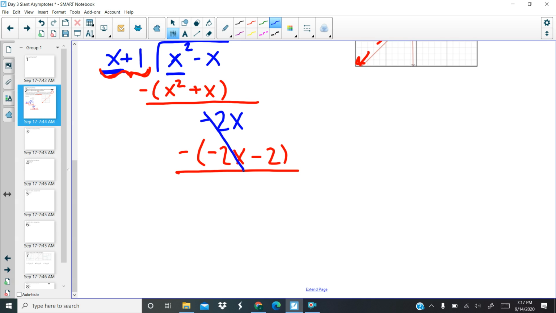So the negative 2x and the minus negative 2x are going to cancel. And then we don't have just a constant term up here. So if you imagine that as just being like plus 0, then you'd be doing 0 minus negative 2, and then minus a negative is going to become a positive 2. And then since x can't go into just the 2, that 2 is going to be our remainder.